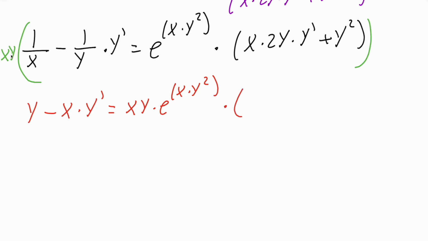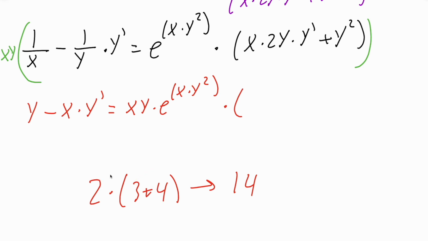Now, we don't do xy times this piece, this piece, this piece. We just take it on this one piece here because it's multiplying. And we can think about it this way. Let's say we have 2 times 3 plus 4. This would give us 2 times 7, so that's 14. But let's say I multiply by 3. I'm not going to multiply this by 3, this by 3, this by 3.